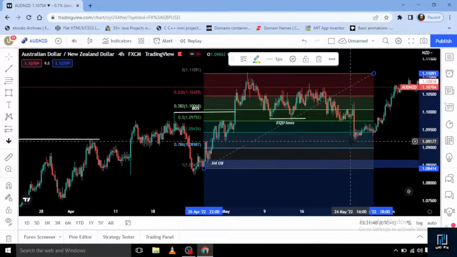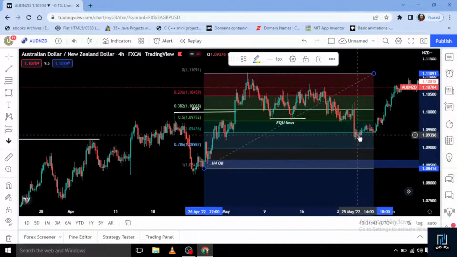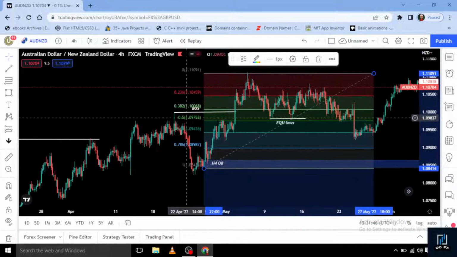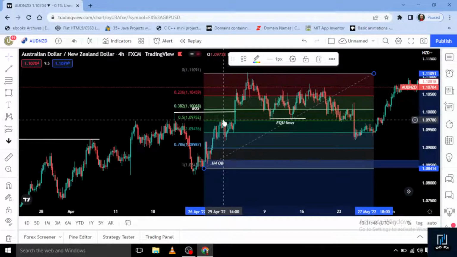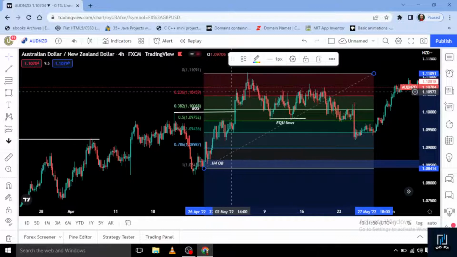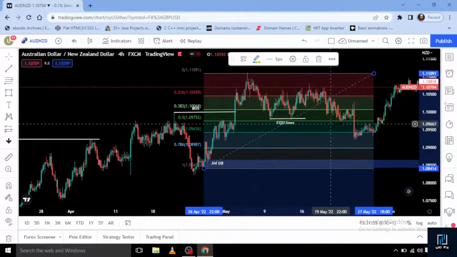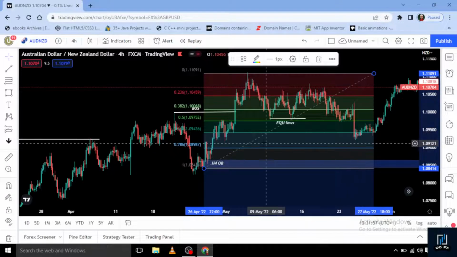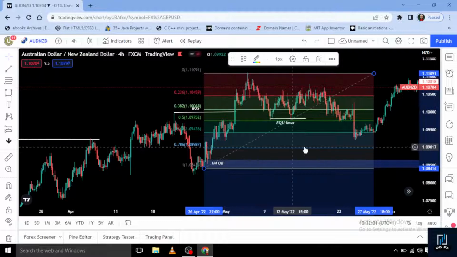So this is where we need to be interested. The 0.5 is actually your premium price. You shouldn't be looking at that. Anything above this 0.5 is premium. So we are interested in discount prices, which are the 0.618 and 0.786 of the Fibonacci levels.